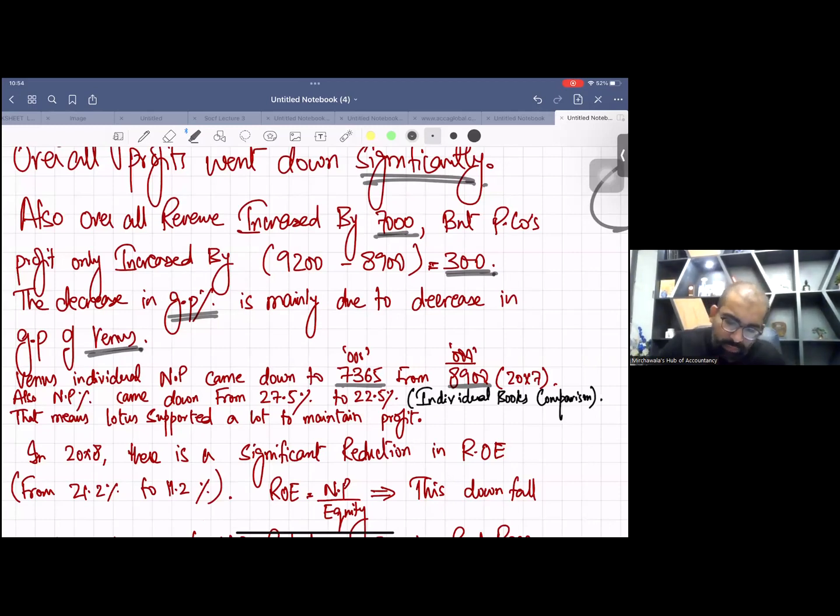So it's a significant downfall. Also, NP percentage came down from 27.5 to 22.5. See, I have written the individual books comparison. That means Lotus supported a lot to maintain profit. That means the subsidiary company helped us.